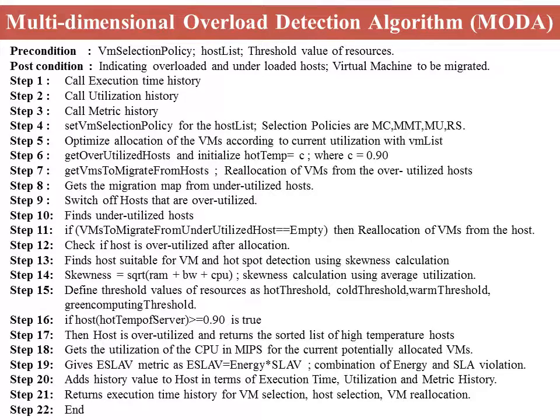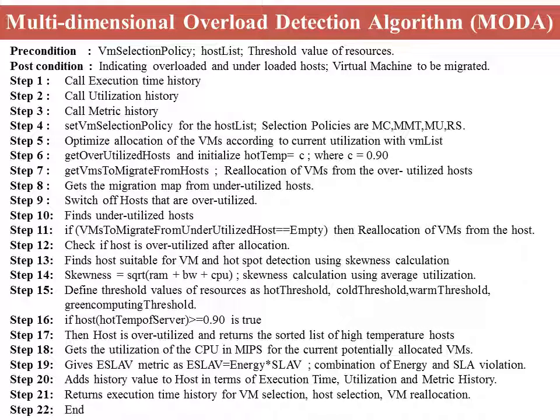Next, this is the elaborated pseudocode or algorithm of MODA, and you can find the different steps involved. Step 4 concentrates on the VM selection policy, whereby the host has a list of selection policies, namely MC, MMT, MU, and RS, which are maximum correlation, minimum migration time, minimum utilization, and random selection, which we'll discuss in the next slides.